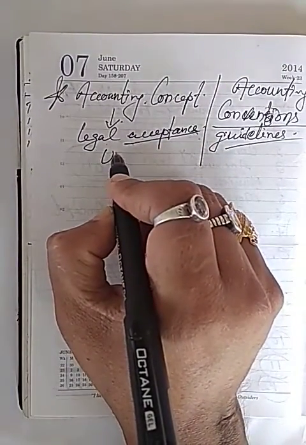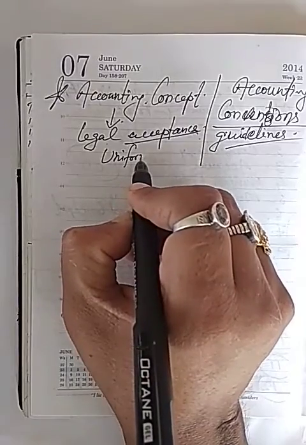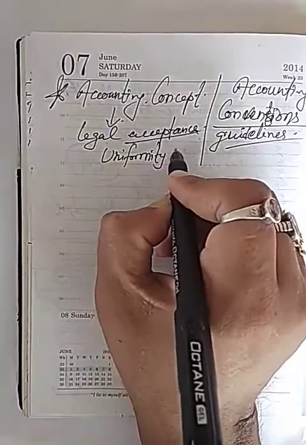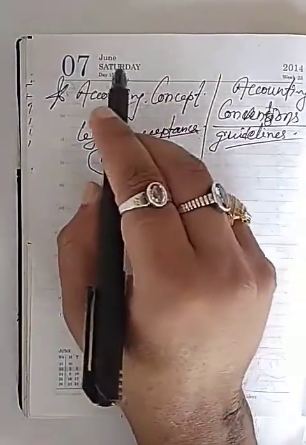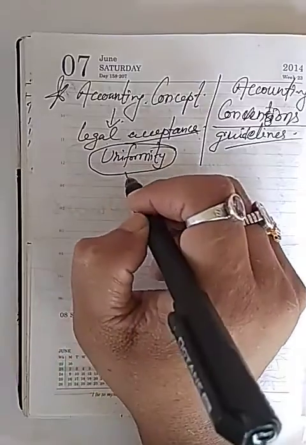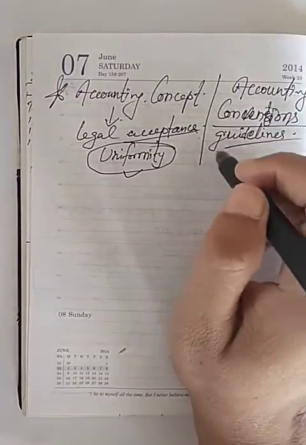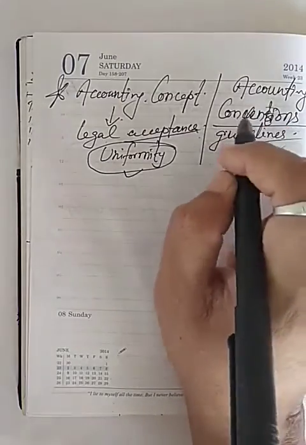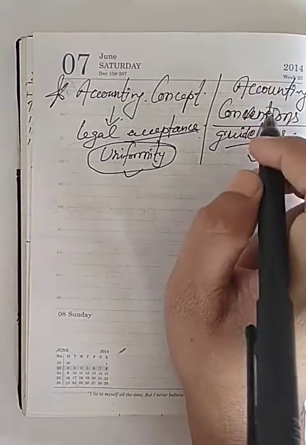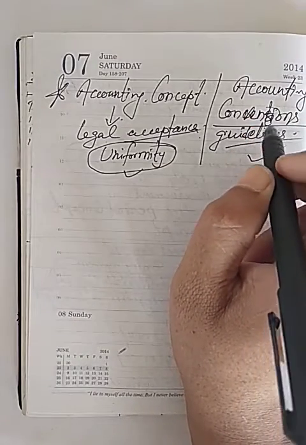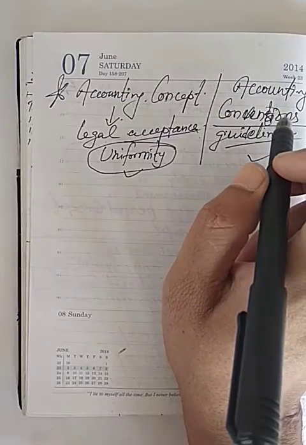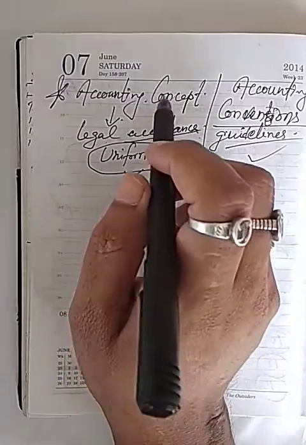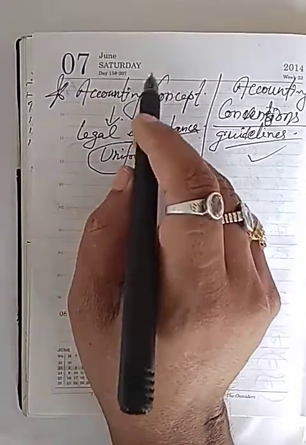Uniformity is the most important point under accounting concept, but in case of accounting conventions, there is no uniformity in the adoption of accounting conventions in various enterprises. There is no role of personal judgment.